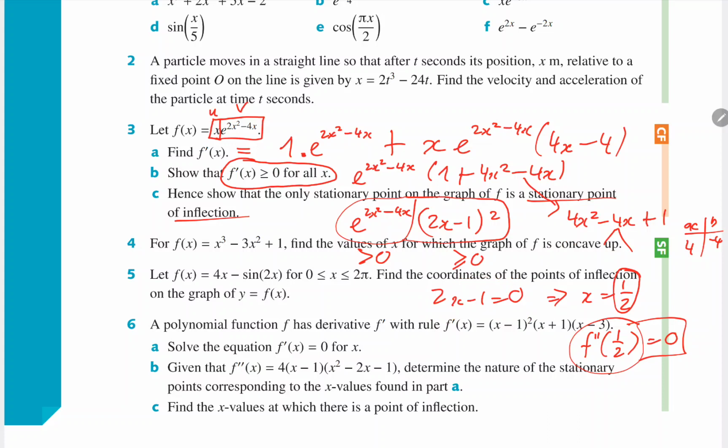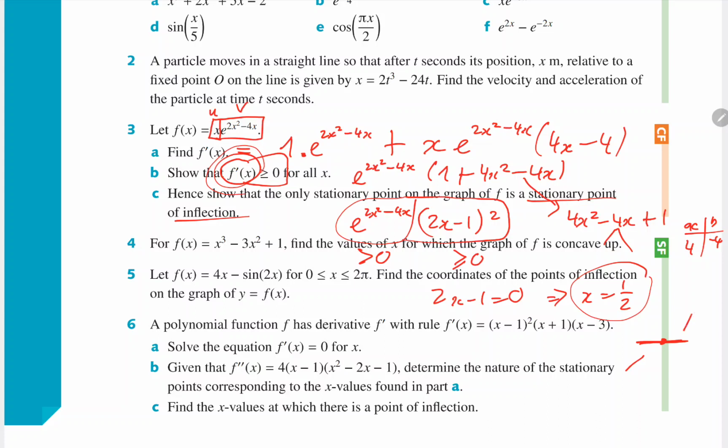Oh wait, hang on, let's see. It's always positive. Oh yeah, no, you actually don't need that. Note that at x equals 1/2 is a stationary point. So it must be stationary, right? And what we just proved is that the first derivative is always positive, which means before that, the gradient must be positive, and after that, the gradient is also positive.